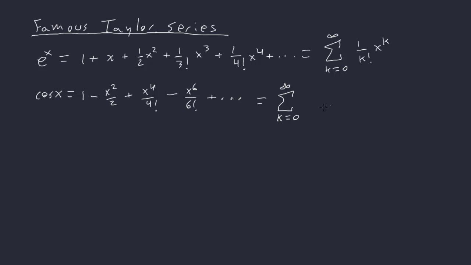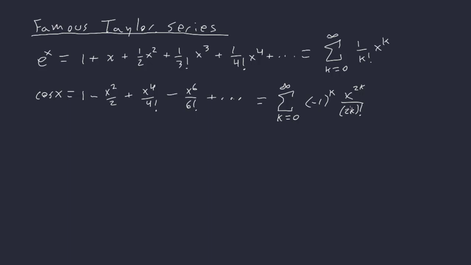Okay, so we need an alternating piece. So that would be negative 1 to the k. All right, and we can start at k equals 0 because when we plug in 0, we'll get 1. Then it's going to be x to the 2k all over 2k factorial.